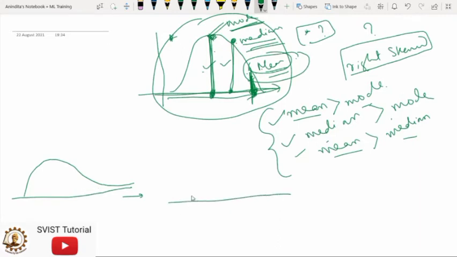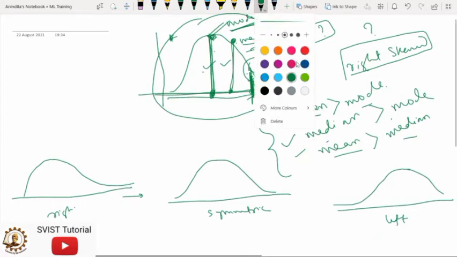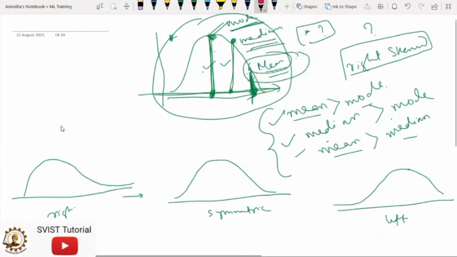And whenever you have this kind of diagram, this is known as symmetric distribution. And whenever you have this kind of diagram, it is known as left skewed, right? Now what is the value of mean, median and mode at this point of time? For the right skewed, it will be like this: this is the median, this is the mode, and this is the mean in actual scenario.